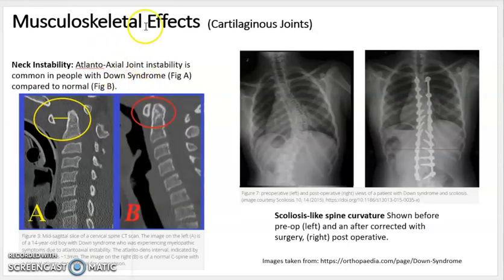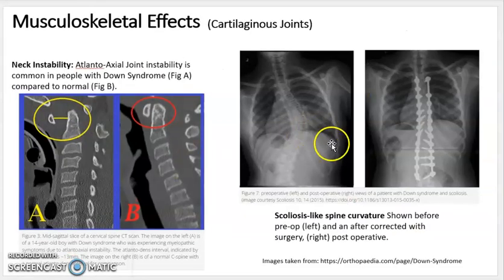These are the musculoskeletal effects in the cartilaginous joints. Here I have an image of a neck and an image A. This is the atlanto-axial joint instability, which is common in people with Down syndrome. And this is compared to a normal atlanto-axial joint.